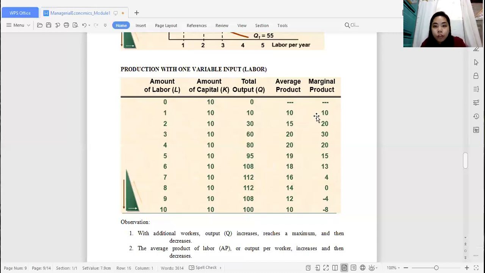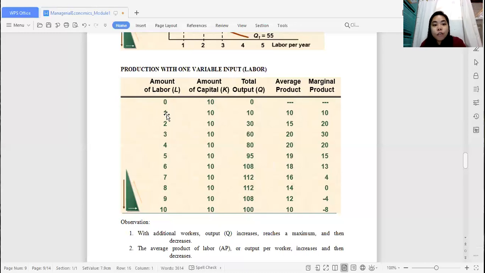So from 0, you add 1 unit of labor, so it becomes 1. Your total output from 0 becomes 10 units of output when you add 1 unit of labor. So your marginal product is from 0 to 10. So you have a marginal product of 10.